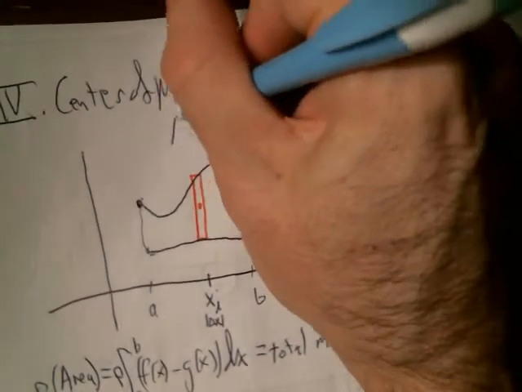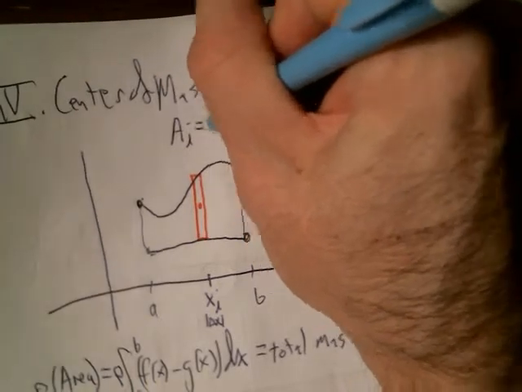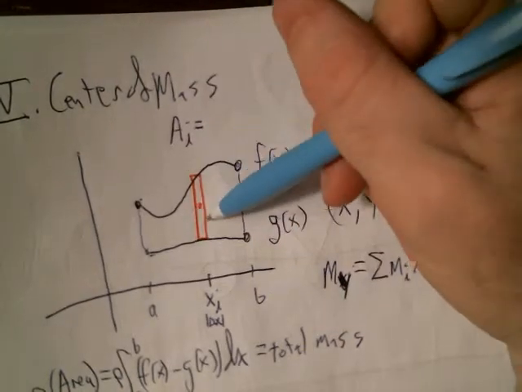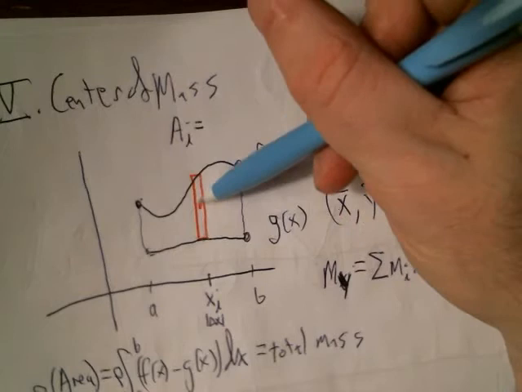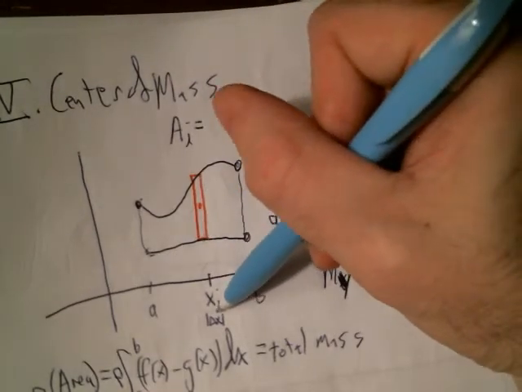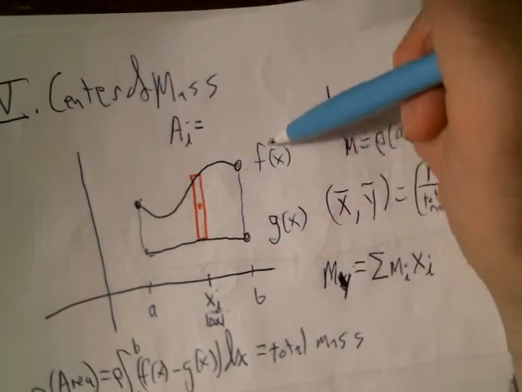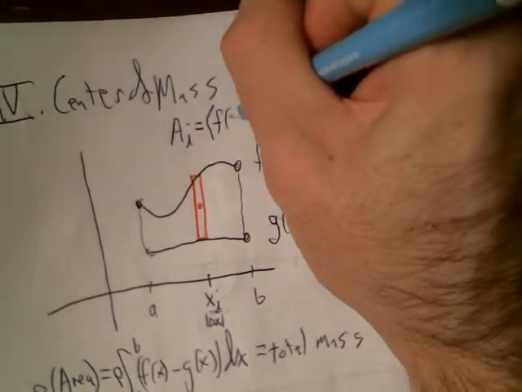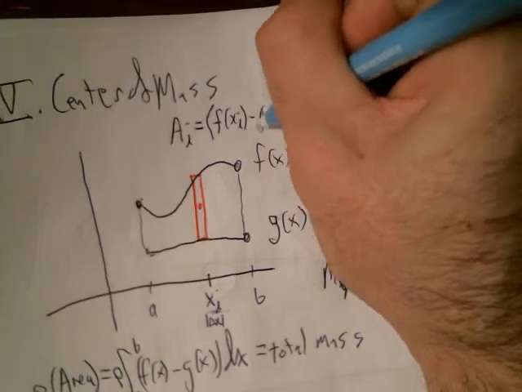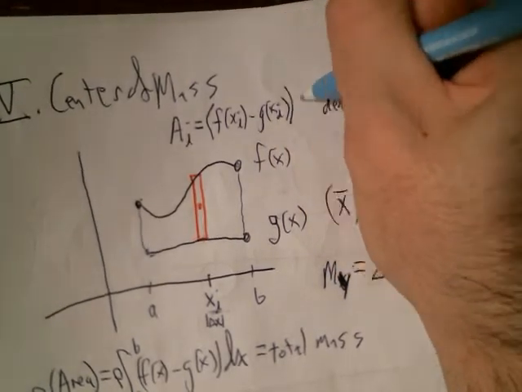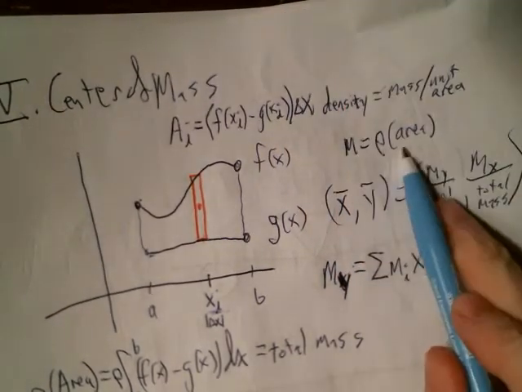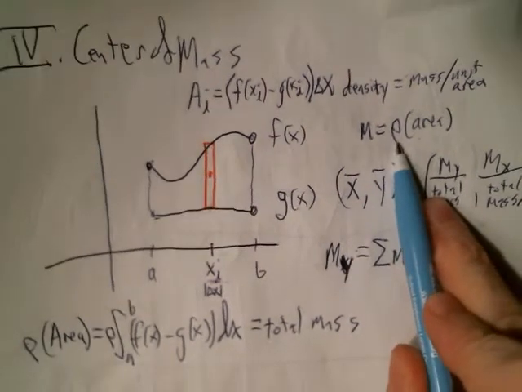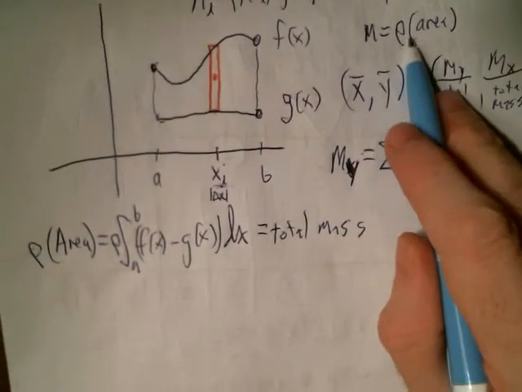Okay, so the area a sub i of that particular rectangle is just going to be this distance, the height, times the base. The base is just change in x. The height is f of x minus g of x. So the area is f of x sub i minus g of x sub i, then times change in x. And then we would need to multiply that by our density. Okay.